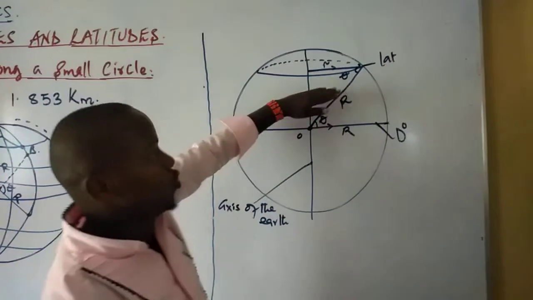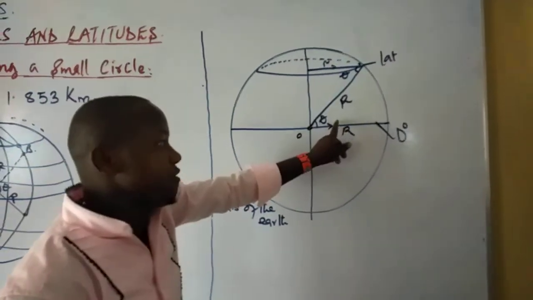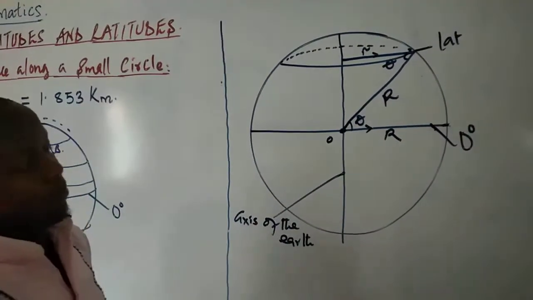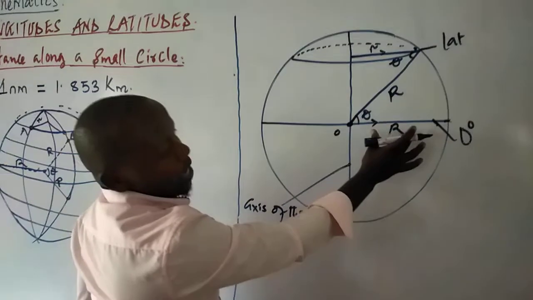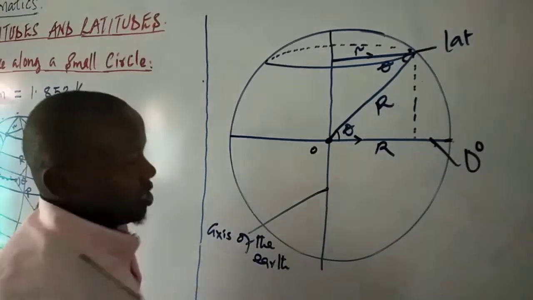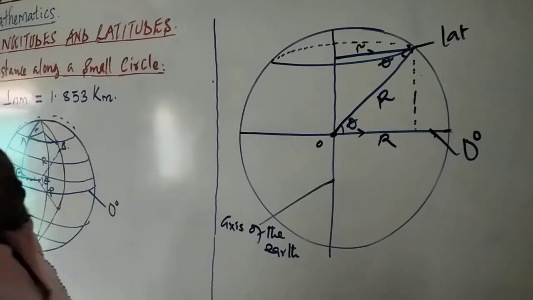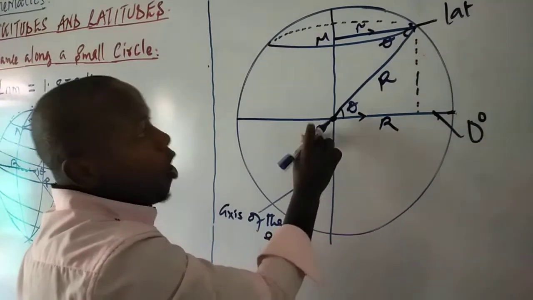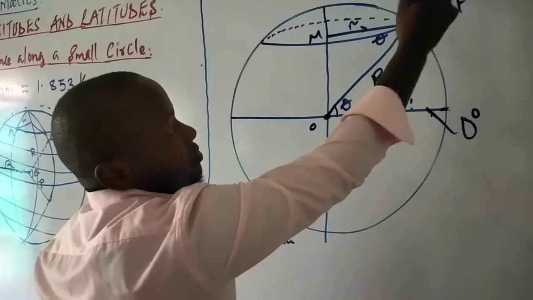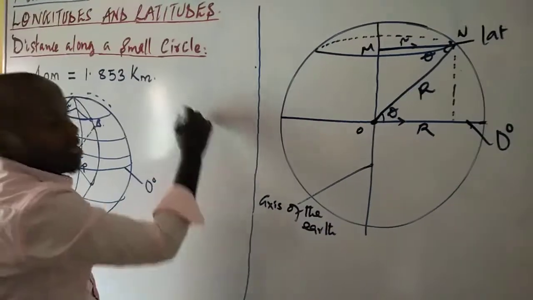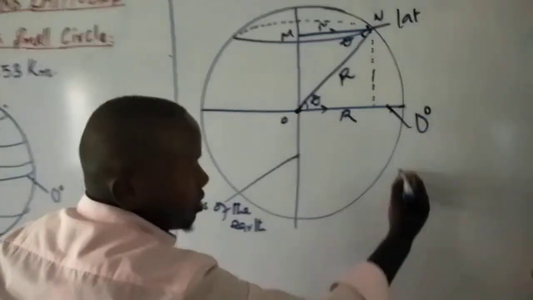If we have gone to 40 north, then we have gone through an angle of 40 from the equator. And now we can relate this through trigonometry in book 3, and we can consider this triangle. If we call it triangle OMN, let me draw it here.